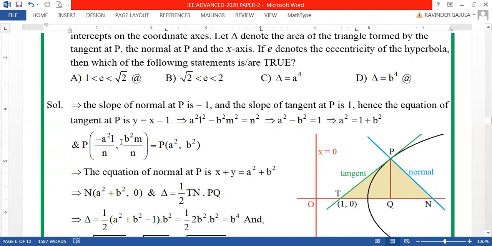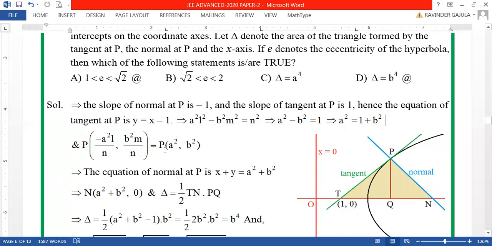So you must memorize these two formulae: the condition between a square and b square, and the point of contact, minus a square l by n comma minus b square m by n for the ellipse, and a square l by n comma b square m by n for the hyperbola, taking l, m, n values from this straight line.